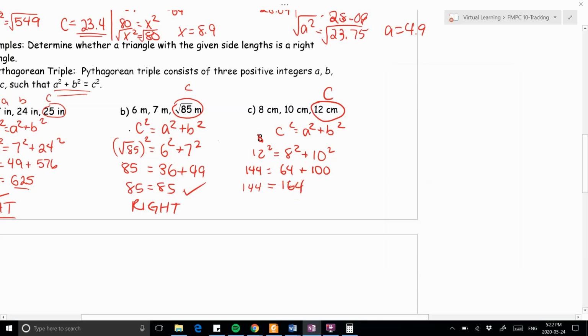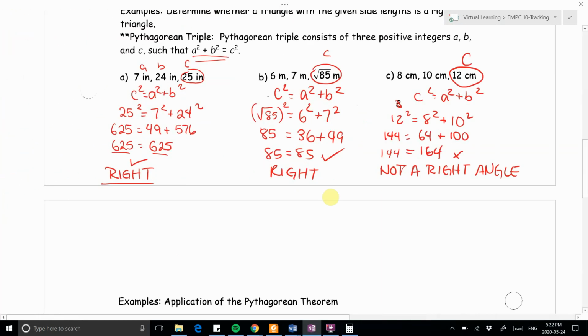Notice how I got different numbers there? That tells me that this is not a right triangle. It's still a triangle, it just doesn't have a right angle in it. It probably has something more like a 75 degree or 100 degree angle. I don't really know, but it's not 90 degrees for sure, because if it was, it would follow the Pythagorean Theorem, and it doesn't, which means it's not a right triangle.